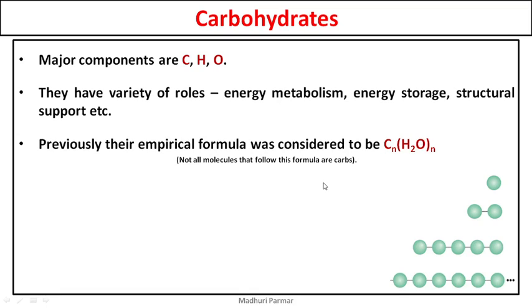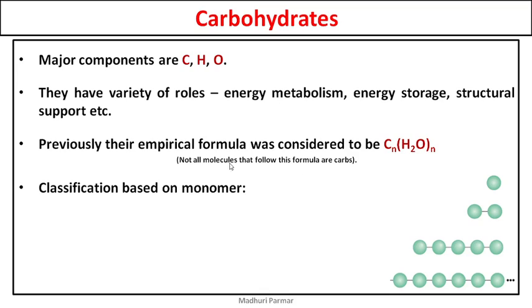Fine, but not all molecules follow this formula, and even if they do follow this formula, not all of the molecules which show this CnH2On are carbohydrates. Which is why this is no longer used. We do not use this. But just for your understanding, I am telling you that previously it was thought that the empirical formula was CnH2On, but not all molecules which follow this formula are carbohydrates. And also, all carbohydrates do not follow this formula.